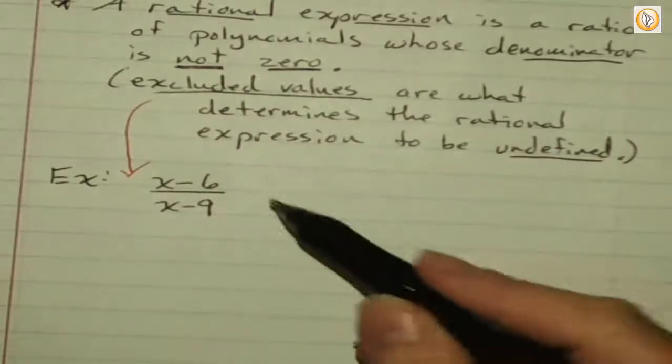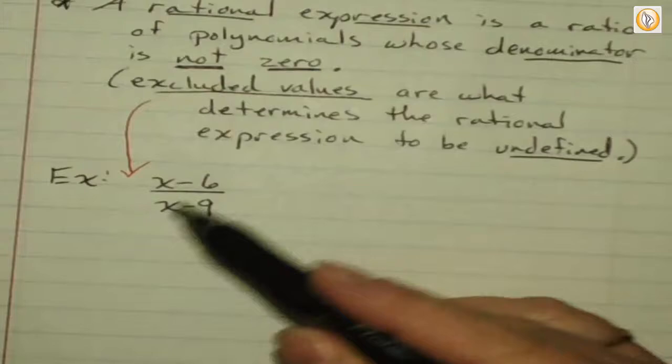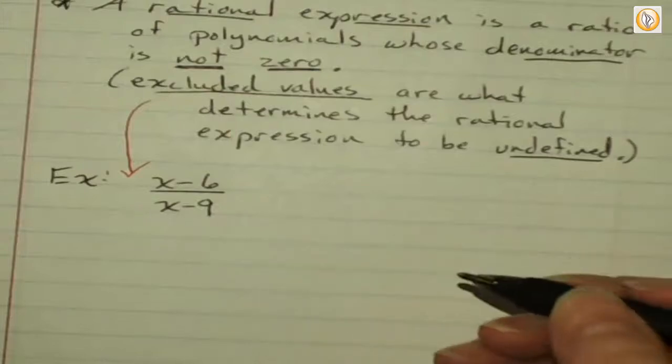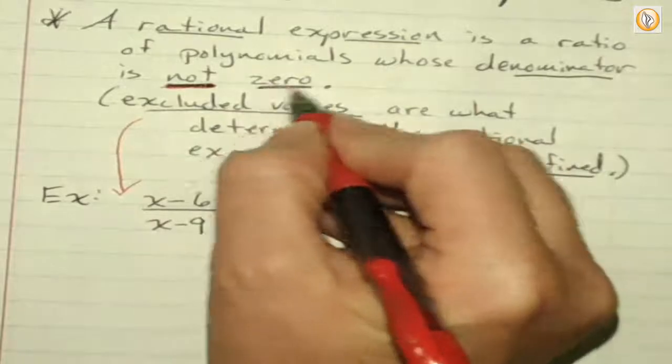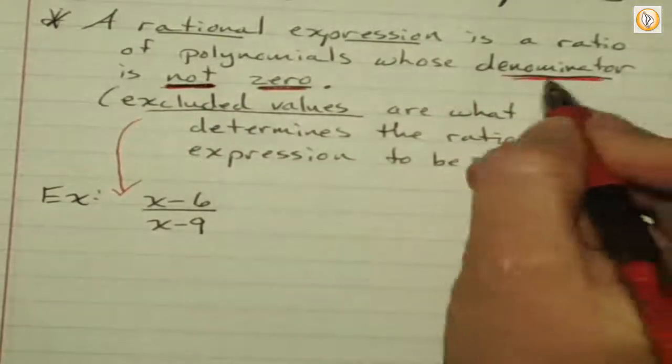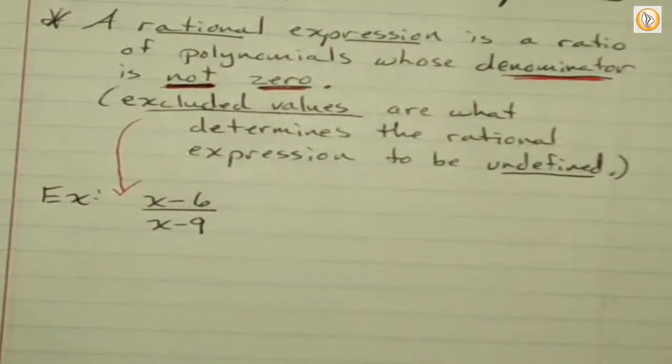That means what determines this to be undefined. Remember the whole idea, we don't want 0 in the denominator. So here's how you solve it.